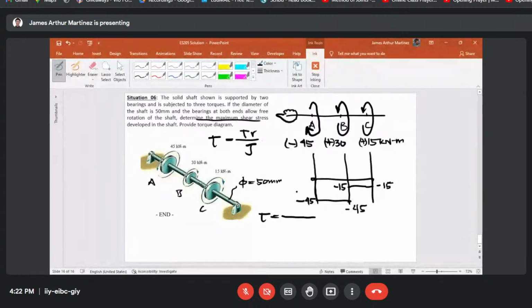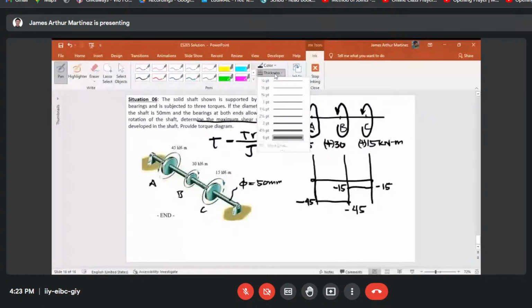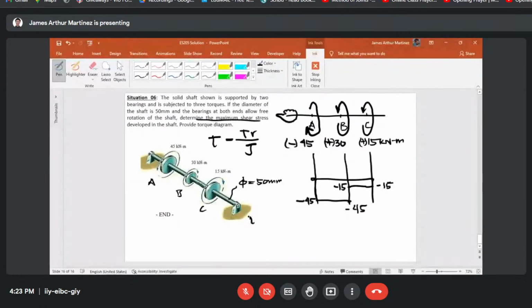So T for the torsion it would be 45 kilonewton meters, and then wait, ato lang siyang i-move gamay para di ra kaayo siya mo sapaw.